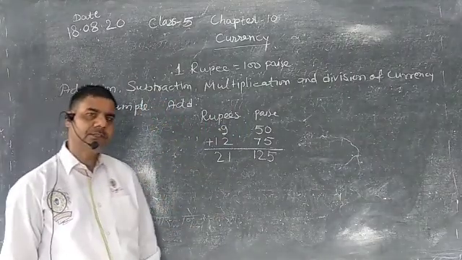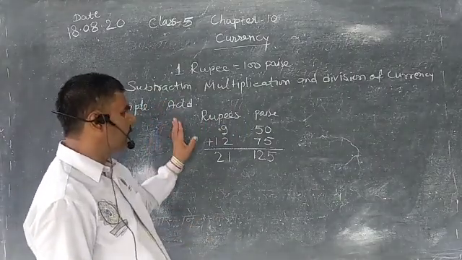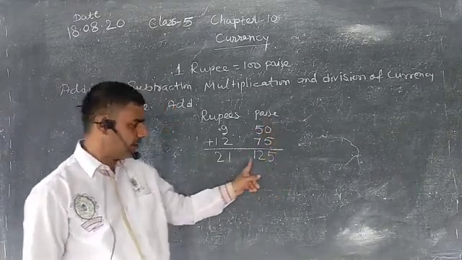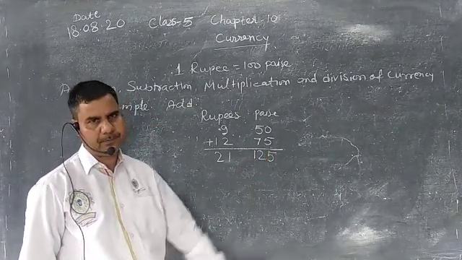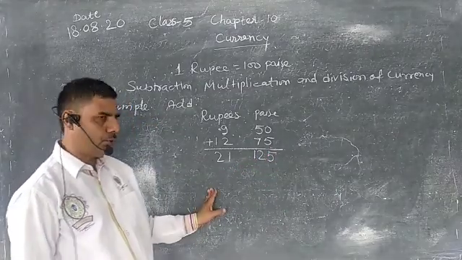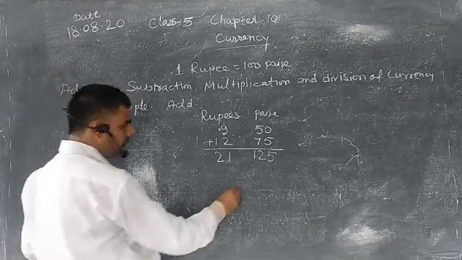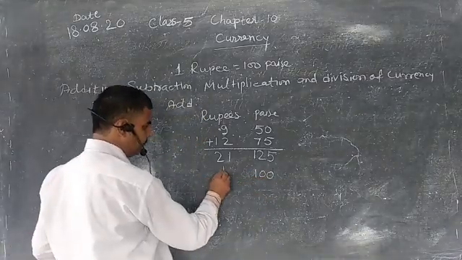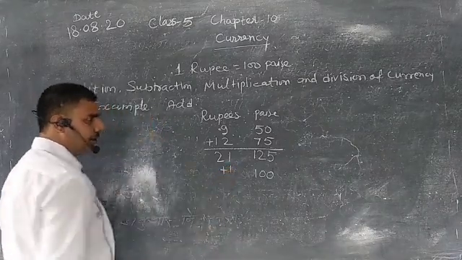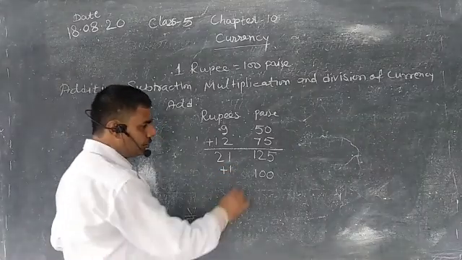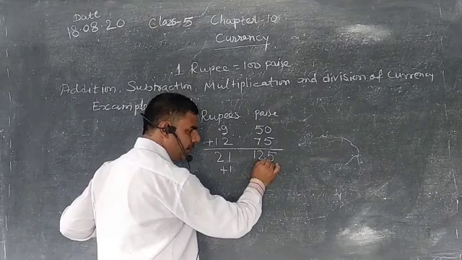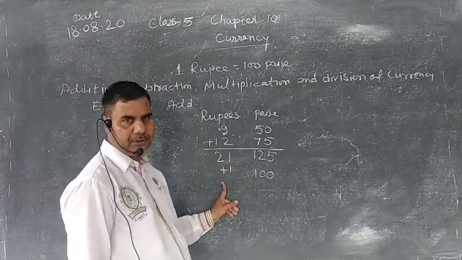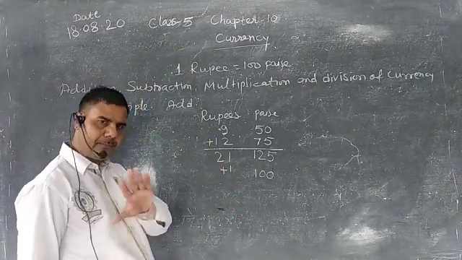But we know that 1 rupee equals 100 paise and our paise are 125. So we can subtract 100 from the paise column and add 1 in the rupees column, because 125 paise is 1 rupee and 25 paise.